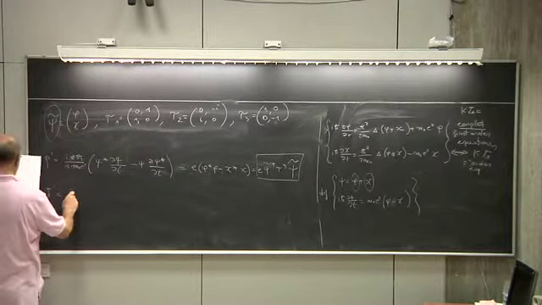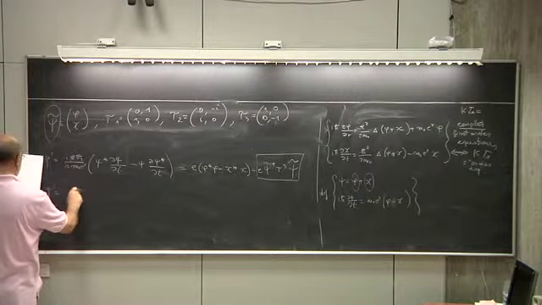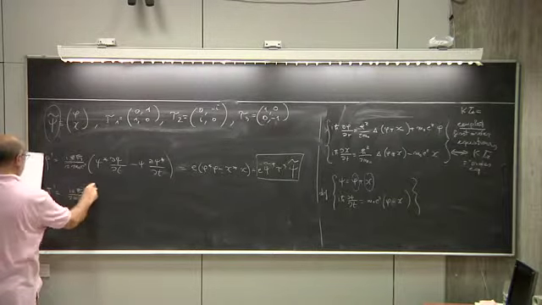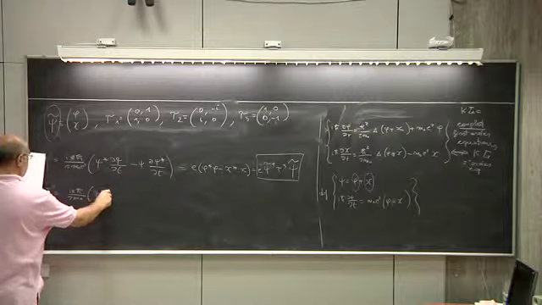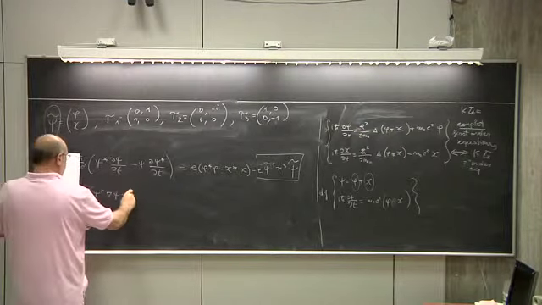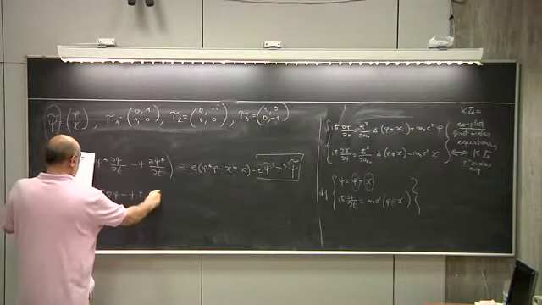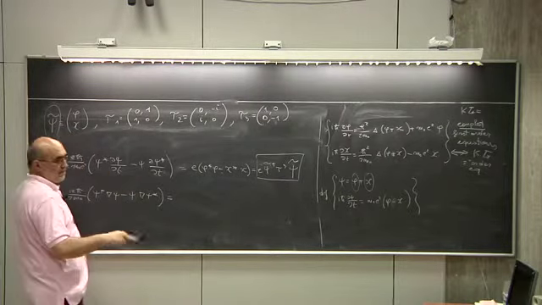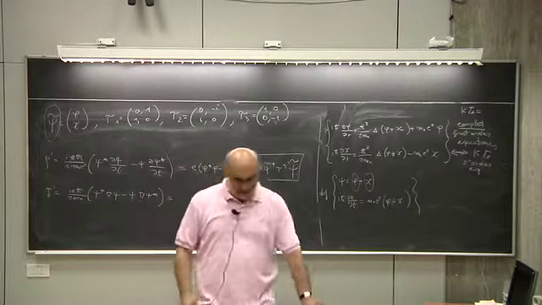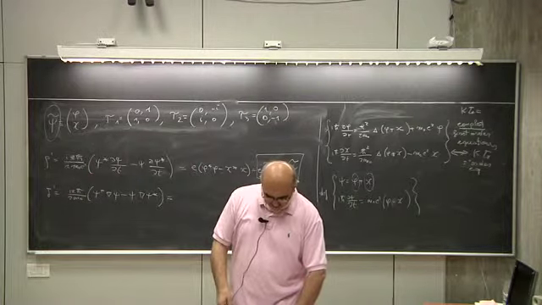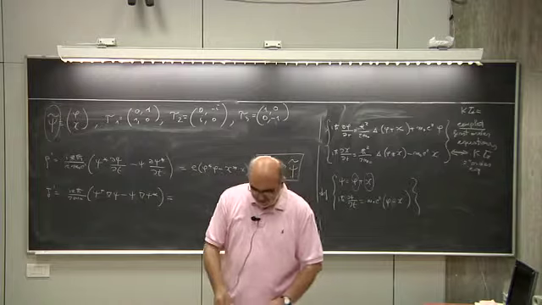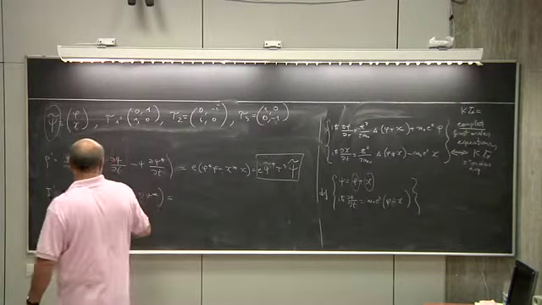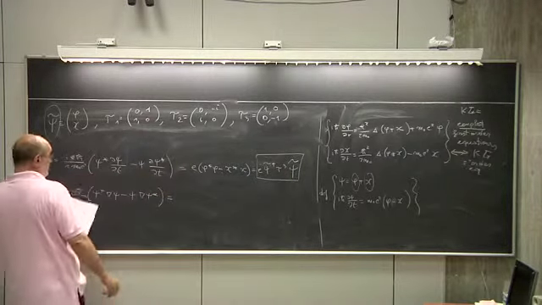The current density was defined as e a h bar over 2 m0, psi star gradient of psi minus psi gradient of psi star. Now, question, can it be written in terms of phi and chi, and then in turn be written in terms of psi tilde?